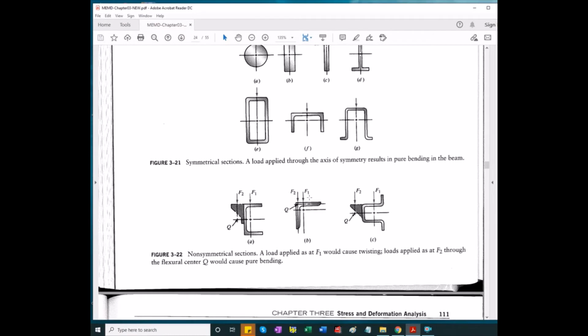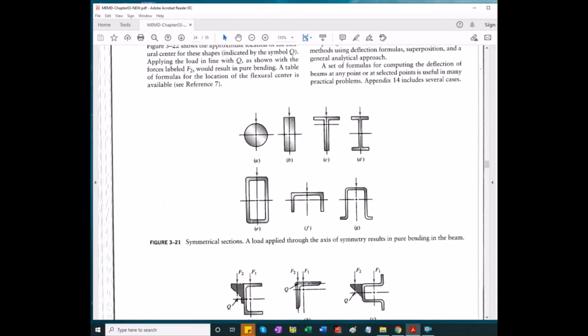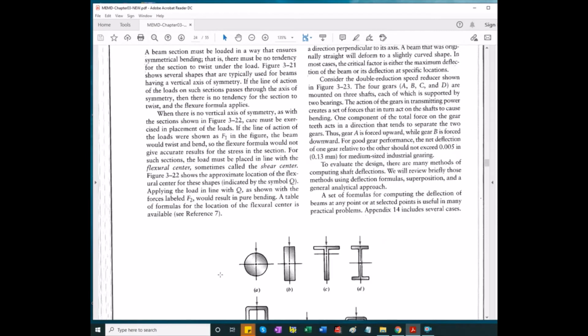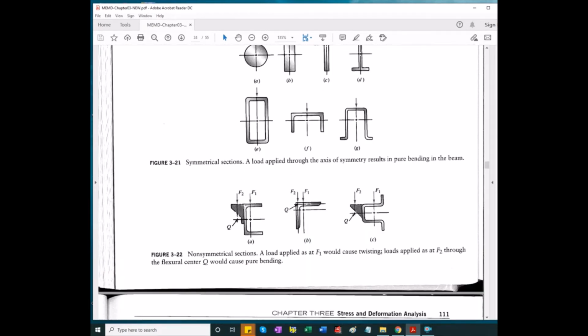If, however, we have sections that are not symmetric relative to the loading, there is what's called a flexure center, and you need to fabricate brackets that will offset the force to where the force plane goes through the flexure center to eliminate the possibility of twisting the section.